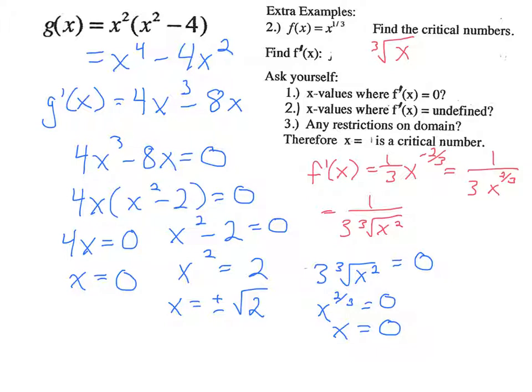So I will have a critical value at x equals 0, because the derivative f prime of x is undefined at that point.